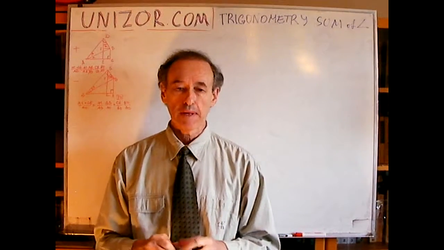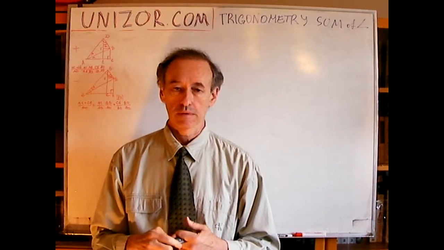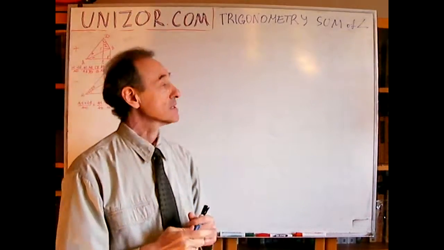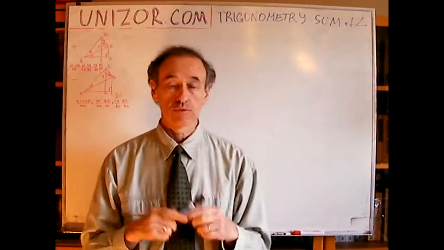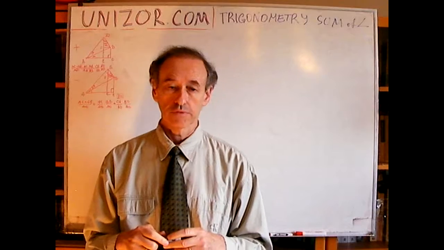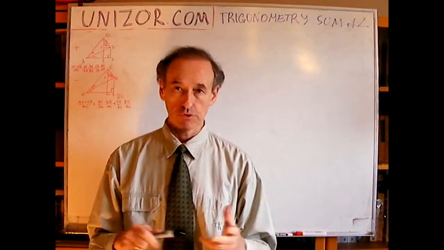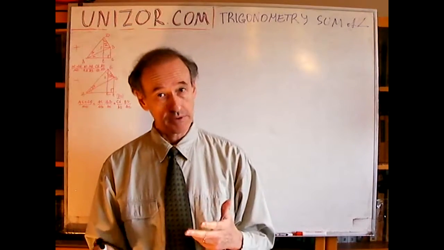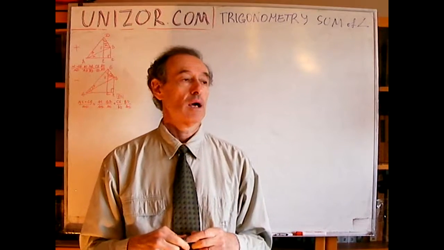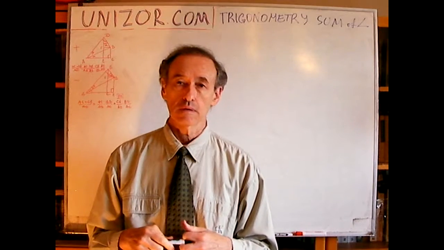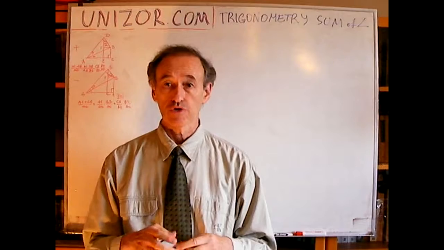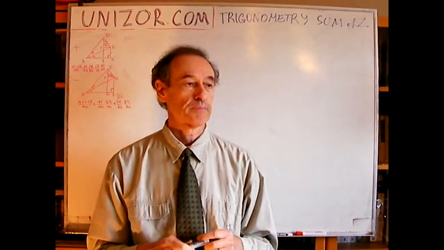I would like to spend some time and analyze how a trigonometric function of a sum of two angles or a difference between two angles can be expressed in terms of trigonometric functions of individual components.